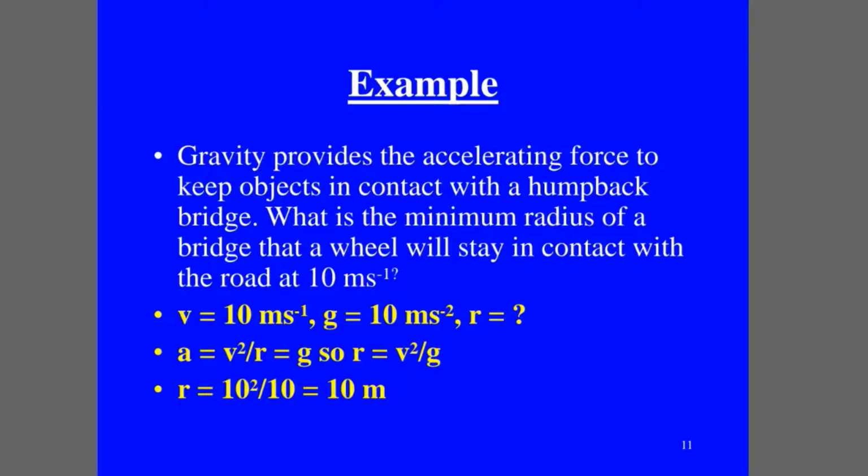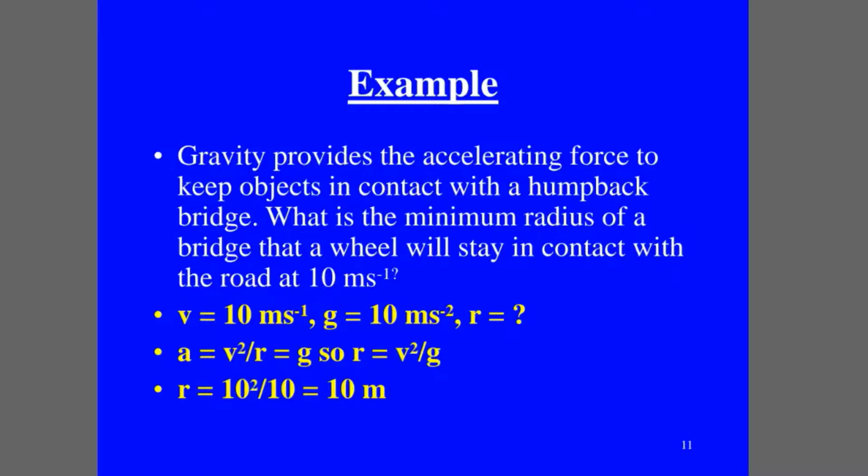The given properties are velocity, 10 meters per second, and gravitational acceleration g, given as 10. In some problems we may take it as 9.81. We need to find r, where we have the formula for acceleration a equals v squared by r equals g. So r equals v squared by g.